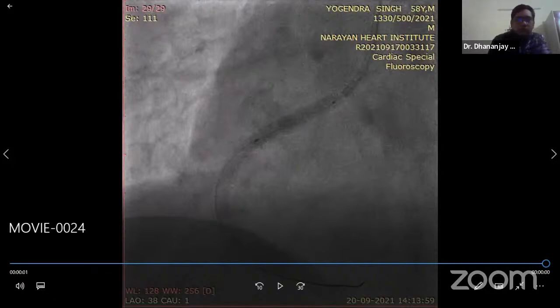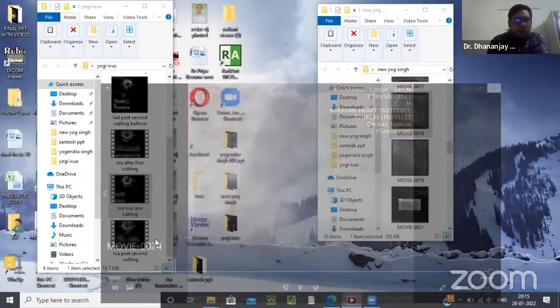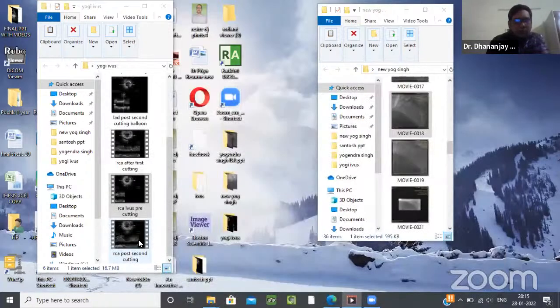Even after the 2.5 Flextome, there was still a high chunk of fibrosed plaque there. So we decided to give a 3.5 Flextome balloon.